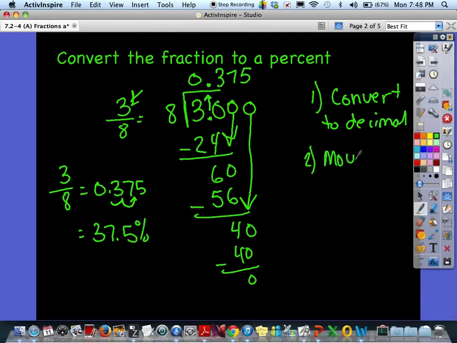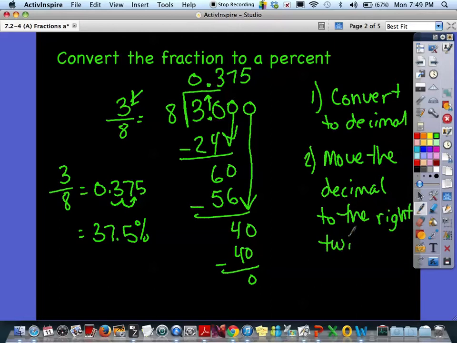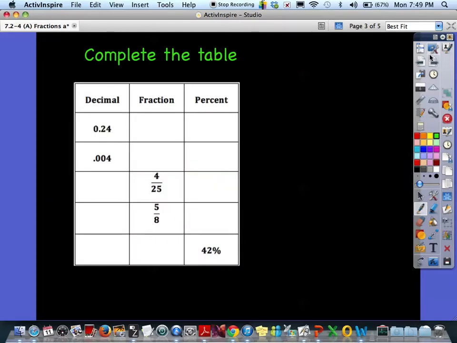Move the decimal to the right twice. And that's it. You're done. Now it's a percent. Just don't forget to include the very all-important percent symbol. You wouldn't want to write something as a percent and not put the percent symbol. That would be bad.